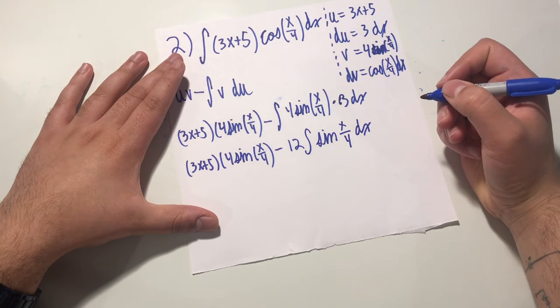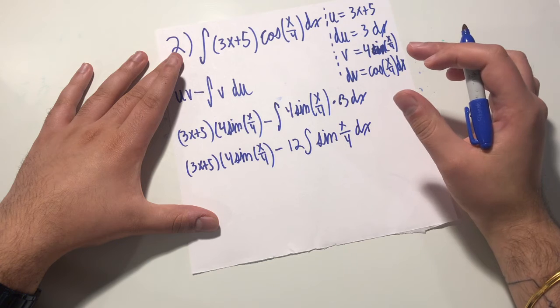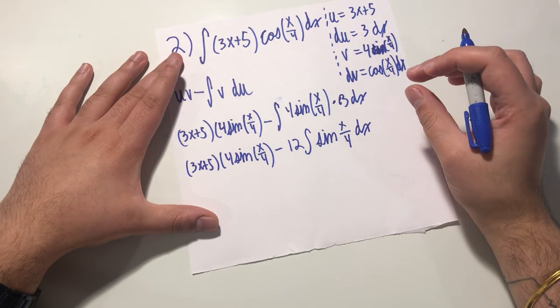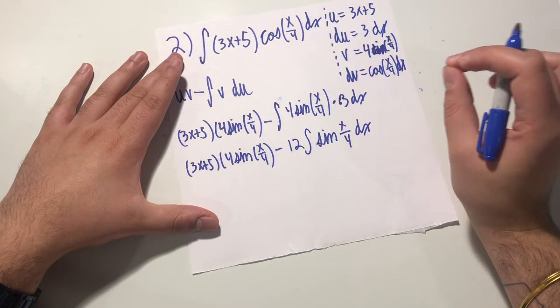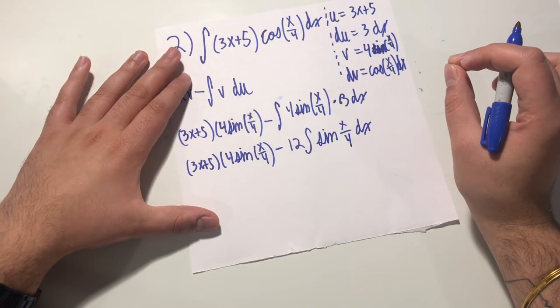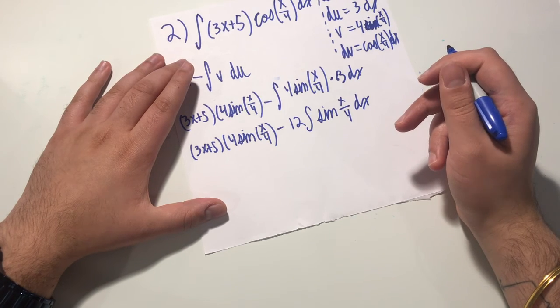And the sine of x over 4, if you integrate that, you should get negative 4 cosine x over 4. All right, and what that leaves you with, 4 times 12 is 48.